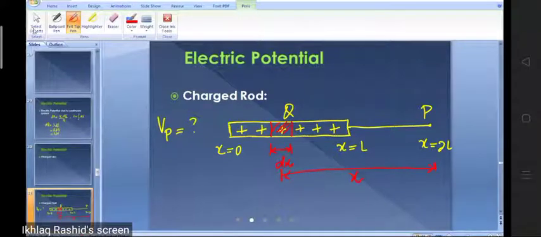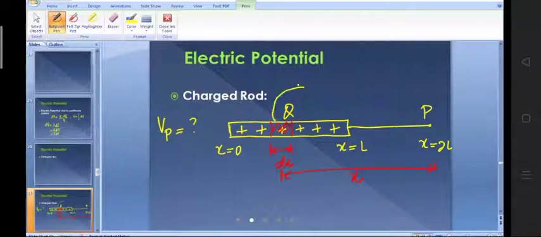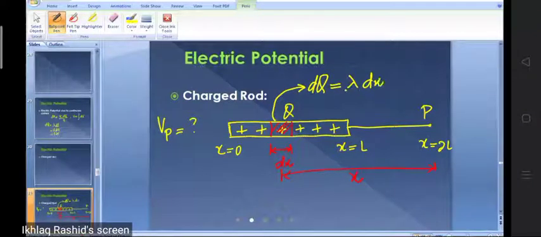Now let's calculate the potential because of this. So now this is a point charge here, whose charge is equal to dq. This element's charge is equal to dq, and this dq will obviously be equal to lambda multiplied by dx, where lambda is the charge density. If you want to calculate charge, that will be equal to charge density multiplied by the length, lambda into dx. And we have to calculate the potential at the point P because of this.